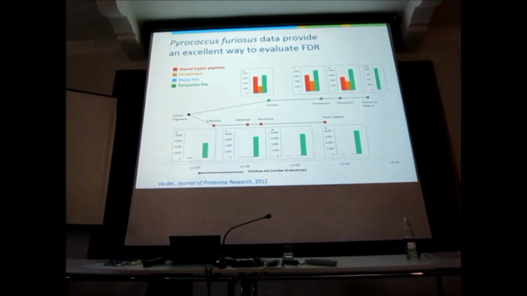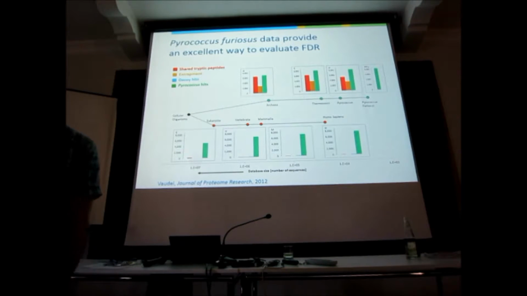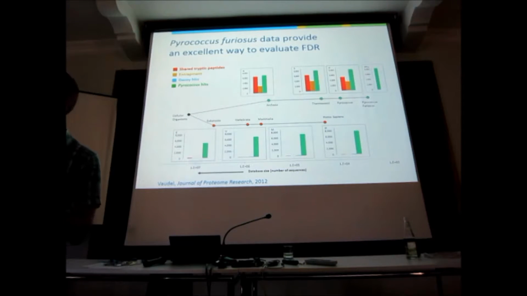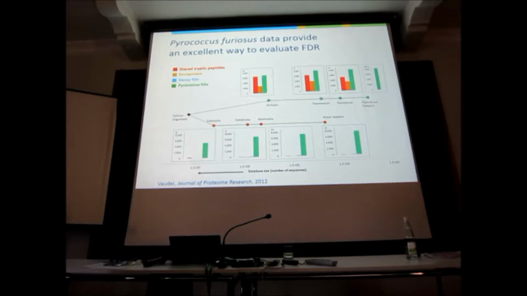So, we came up with a way to figure out what the problems are when you look at FDR. And we used Pyrococcus furiosus, which is a really strange animal that lives at the bottom of the ocean, at these hydrothermal vents, these volcanoes at the bottom of the sea. And so these guys, they are very happy at 93 to 100 degrees centigrade.